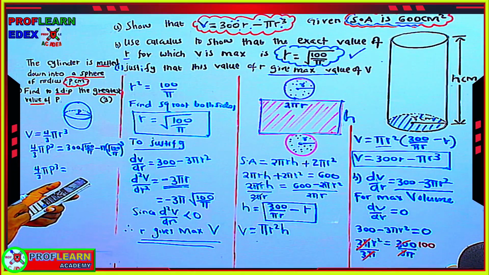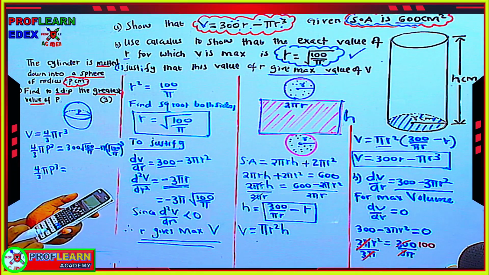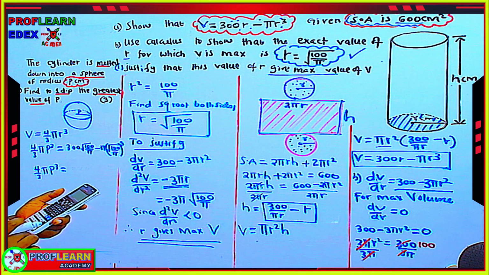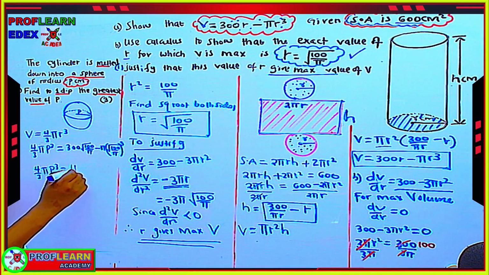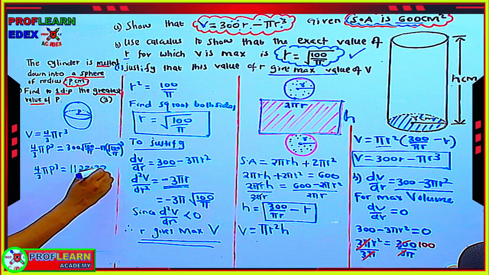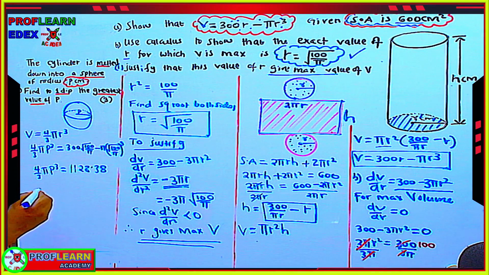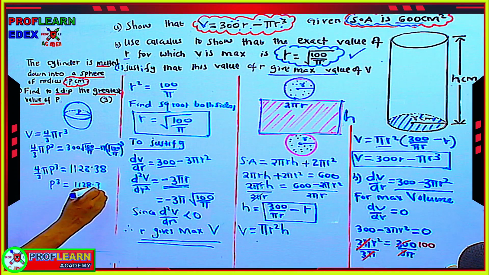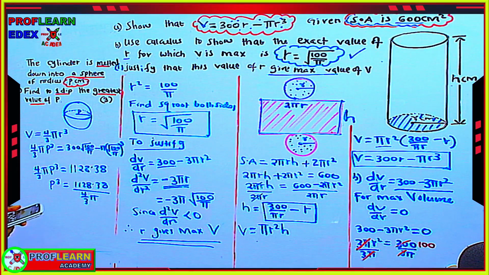If you work it out, you are going to get your answer as 1128.38 at this given point. Then our p cubed is going to be 1128.38 divided by 4 over 3 pi.